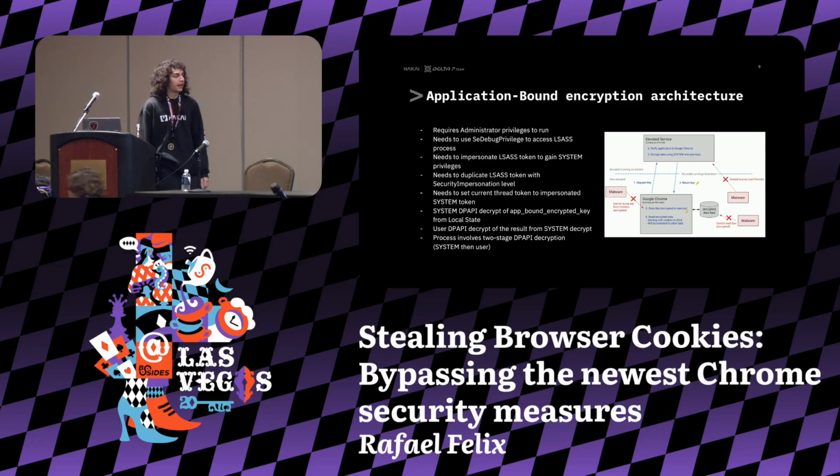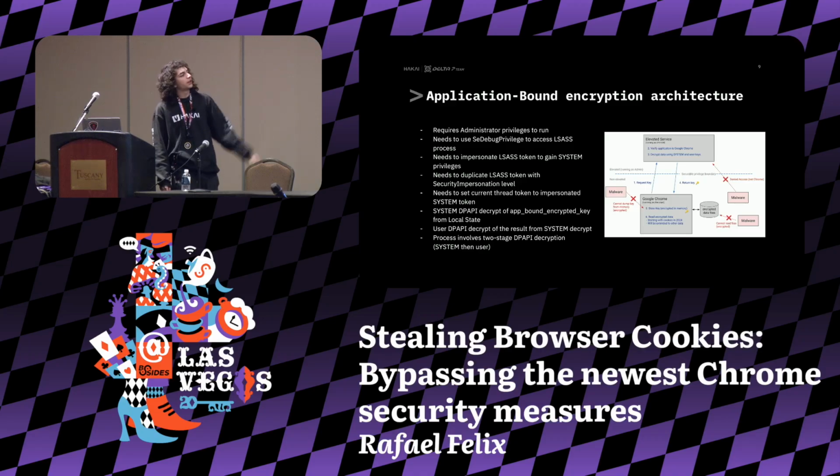We'll have to elevate our process privilege to access either the LSASS process or the winlogon process, which allow for some reason for you to duplicate their token and then assign that token to the current process, allowing you to access any of the NT Authority System services.